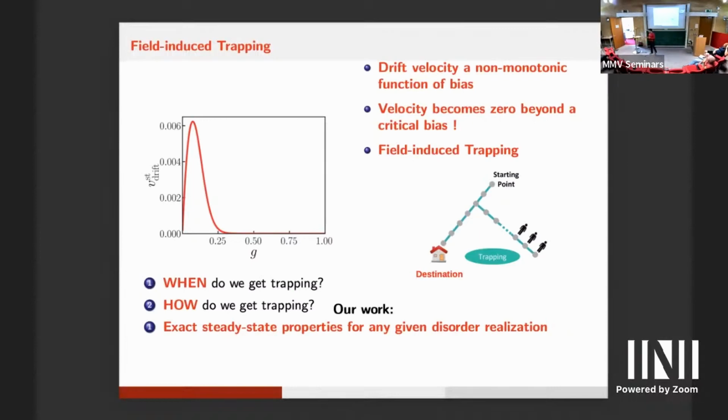If the disorder distribution doesn't have a fat tail, then it is okay to do an averaging, since a typical realization is the same as the average behavior. The typical and the average behavior are going to coincide if your disorder distribution doesn't have fat tails, that is, you don't have rare realizations. Exponential is one example.